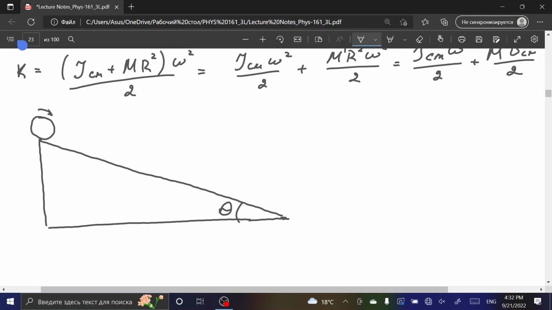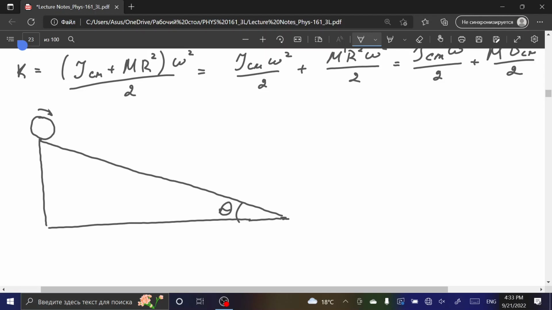So that will be the driving force to roll this rigid object down the hill of this inclined plane.